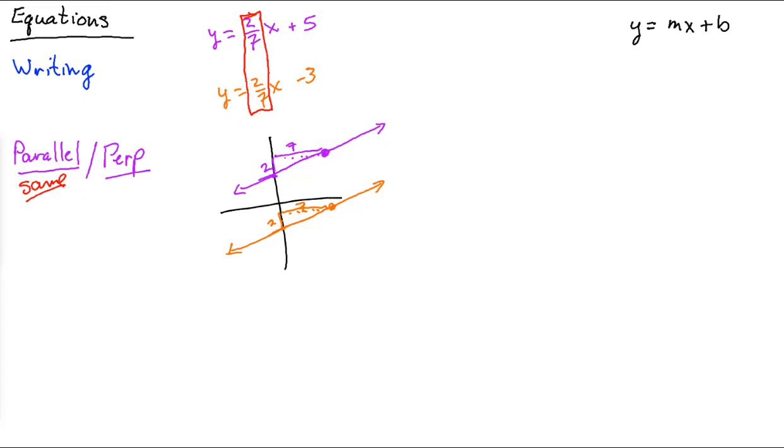Okay, good. Let's try perpendicular. And this way we're going to go a little bit backwards. Let's take a line with a slope of 2/7. So let's graph this guy. Slope of 2/7 here, and perpendicular. Think about what that would mean. So what would happen if you took this line and cranked it?